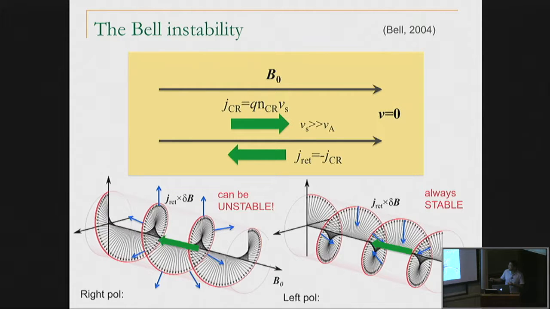On the other hand, if it's left polarized, then this force, J cross delta B, will tend to suppress this wave. So it makes one wave unstable, and the other mode is suppressed.